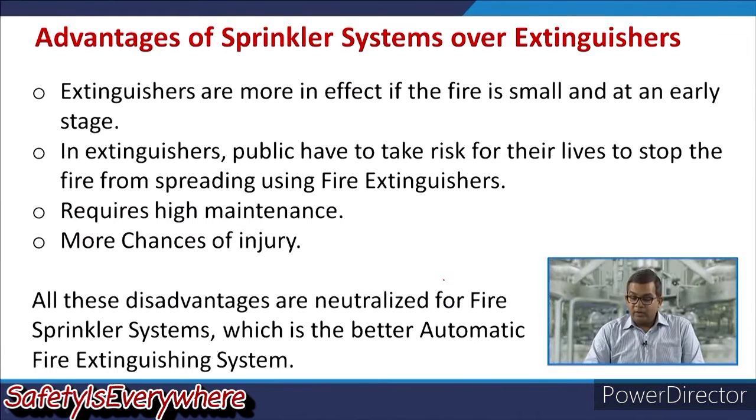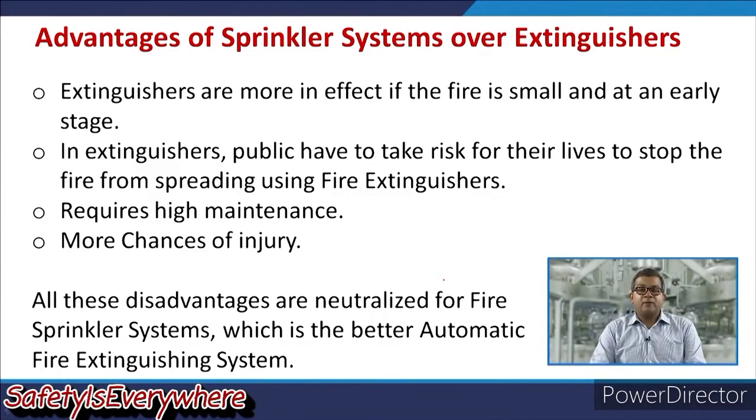Now there are certain advantages associated with the sprinkler system over extinguishers. Although extinguishers are more effective if the fire is small and at an early stage, so they are very popular. With an extinguisher, the public has to risk their lives to stop the fire from spreading. You have already seen all these things in the different pictorial diagrams in the previous modules.